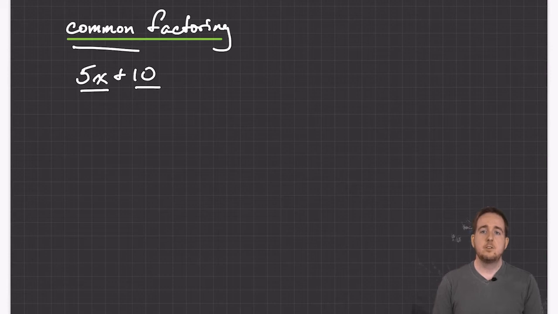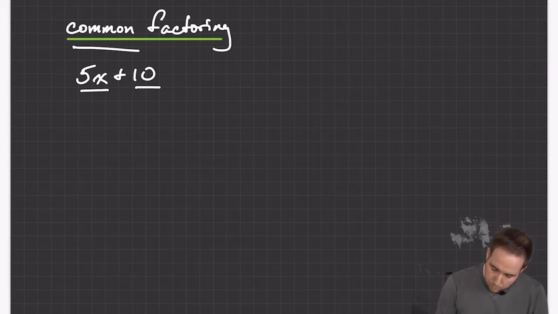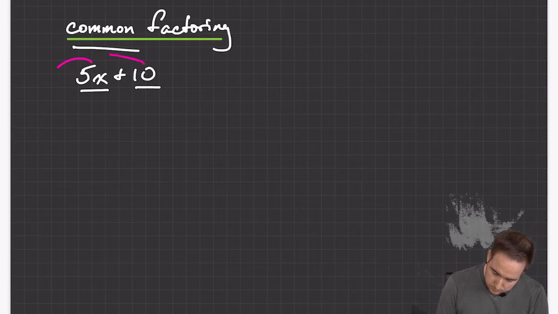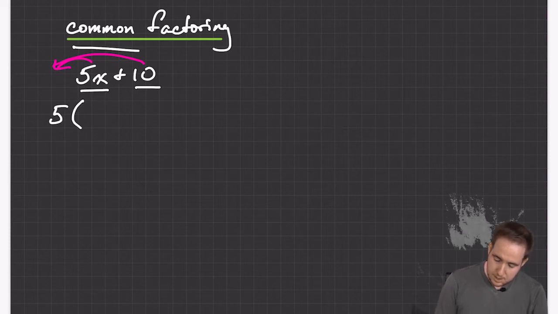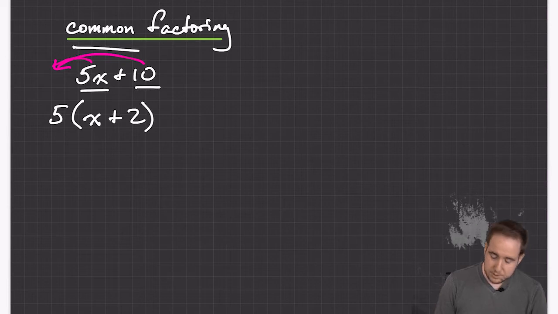And the metaphor you're going to use for yourself is pulling out. So distributive property was about giving, and factoring is about pulling out. So I will pull towards the front a factor of 5. And what is left is x plus 2.